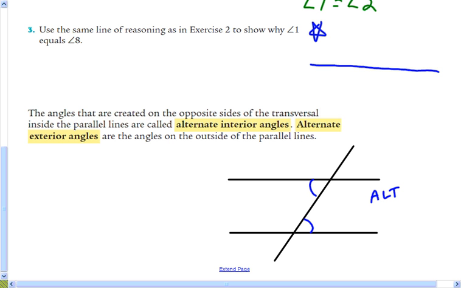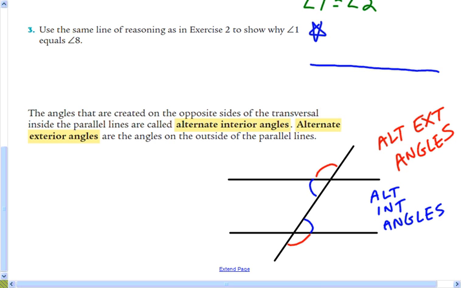And I'm going to mark in red another set of alternate interior angles. You can probably see them. In red, I'm going to mark alternate exterior angles. This one here, and this one here. So in red, we have alternate exterior angles.